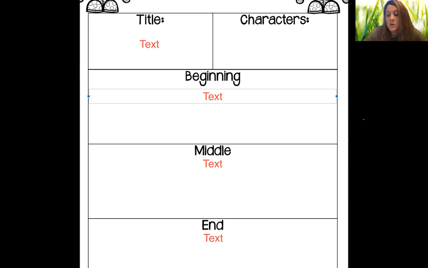So you're going to retell the story in your own words, and you're just going to tell the main parts, okay? And generally with a passage or a story, we're going to choose something from the beginning, middle, and end to help us summarize that story. So if someone does not have enough time to read the entire story or the entire book or the entire passage, they can read your little summary and they will know exactly what it's about.